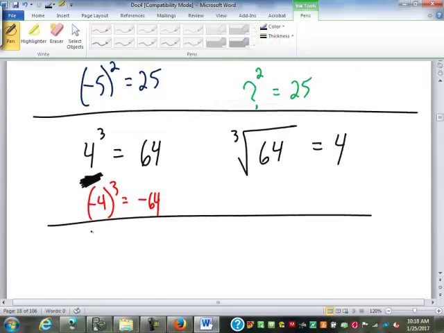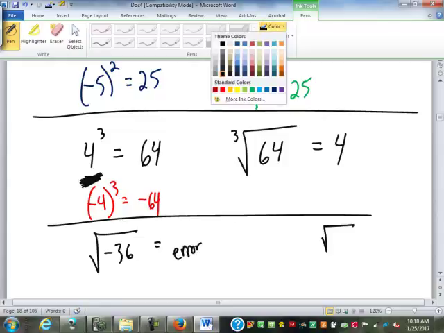The consequence of that is, let's say I take the square root of a negative 36. What's the answer to that? If you guys look on your calculators, you find the square root key. Depending on your calculator, some of you have to hit the square root key first, then type in the negative 36. Others type in the negative 36 and hit square root. What does your calculator tell you? It says error.